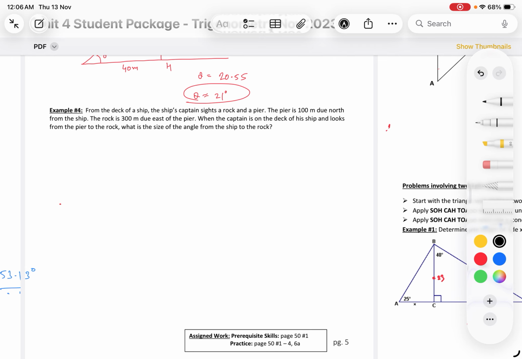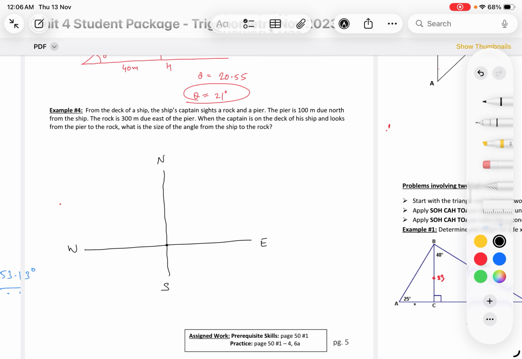Next question. From the deck of a ship, the ship's captain sights a rock and a pier. The pier is 100 meters due north of the ship. This is north, this is south, this is east, this is west.